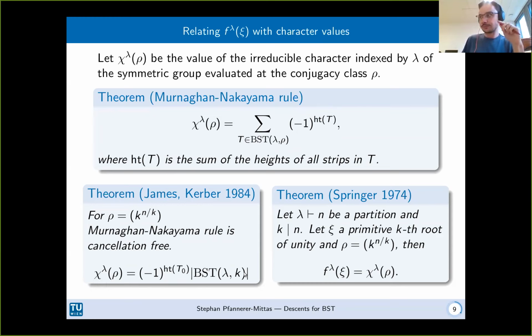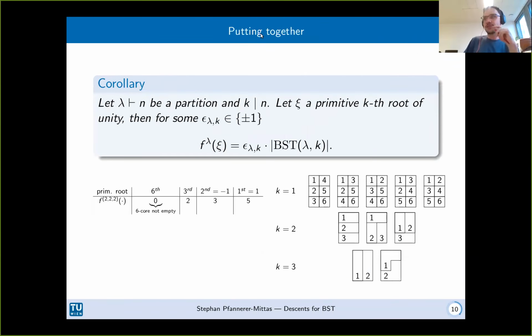And then another result by Springer 10 years earlier says that we can also get these character values for rectangular tableau when we plug in the roots of unity into the fake degree polynomial. And if we put these together, we get as a result what we just observed, namely that when we plug in roots of unity, we get the number of border strip tableau, but this result is only up to sign.